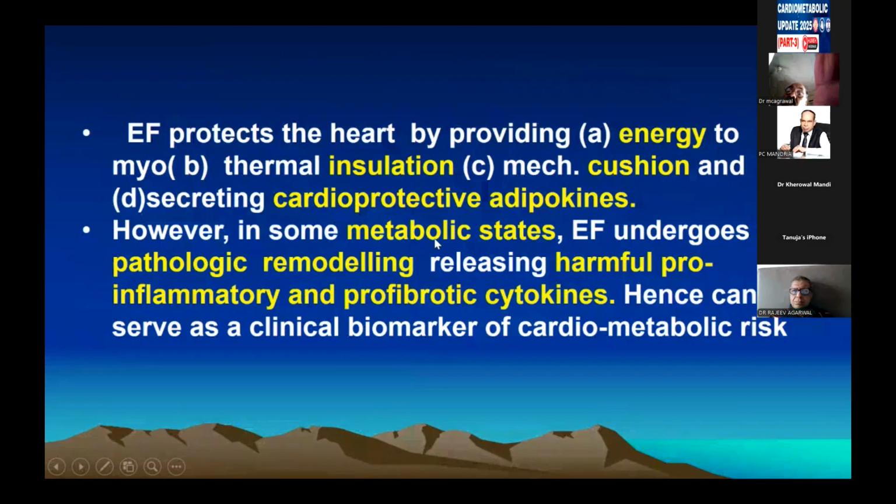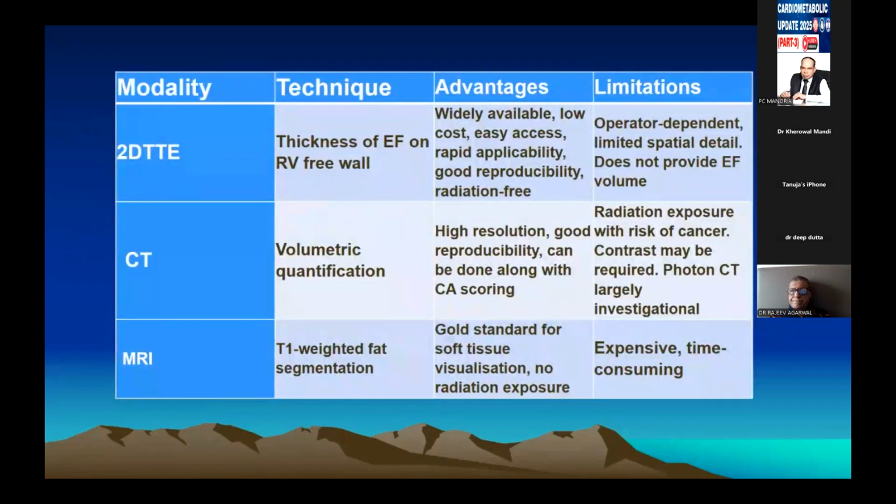However, in some metabolic states, epicardial fat undergoes pathological remodeling and releases harmful pro-inflammatory and pro-fibrotic cytokines. Hence, it can serve as a clinical biomarker of cardiometabolic risk.